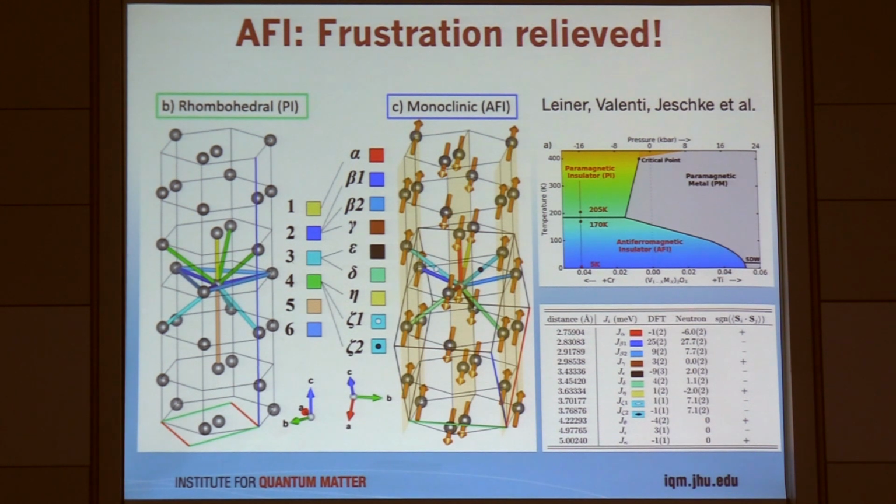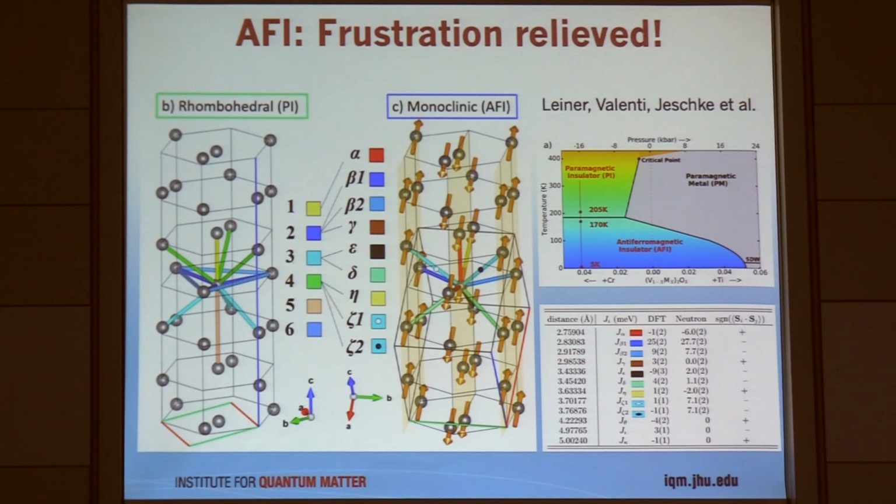But the other interesting thing that you notice is that every single exchange interaction within this monoclinic antiferromagnetic state is actually satisfied. So you can see that if you look at the sign of the exchange constant and the sign of the spin correlator, those are always of opposite signs. So that means that every single bond is somehow satisfied.